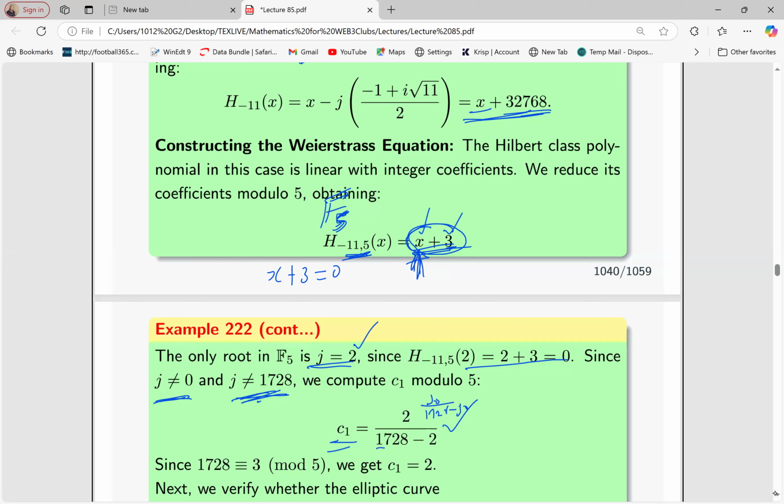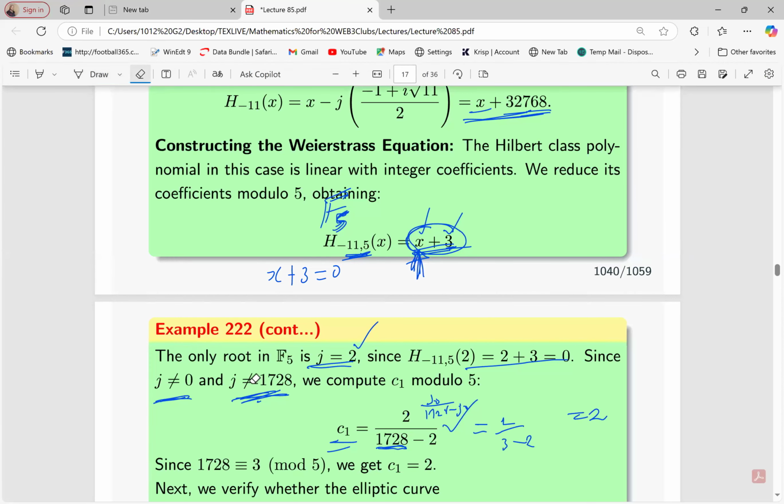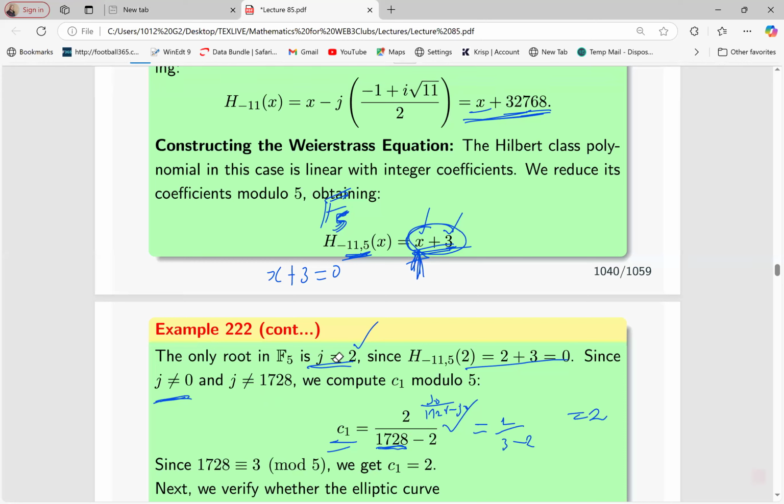This one mod 5 is 3. So this gives you 2 out of 3 minus 2, which is 2. So our C1 is 2.